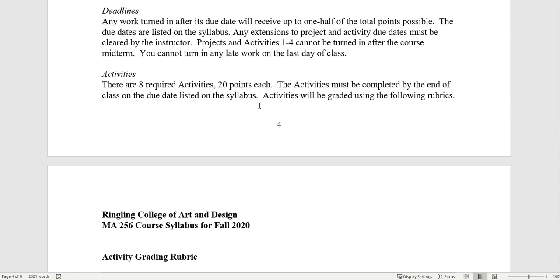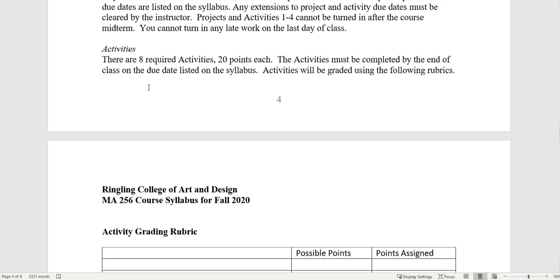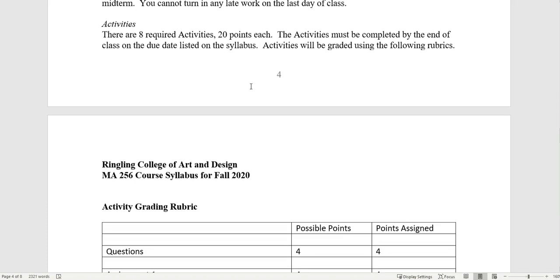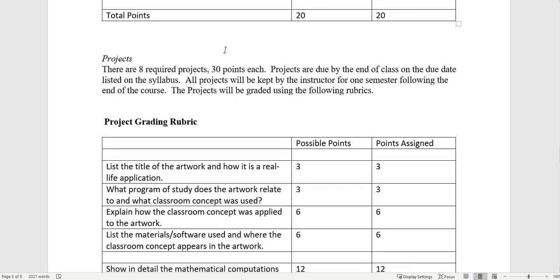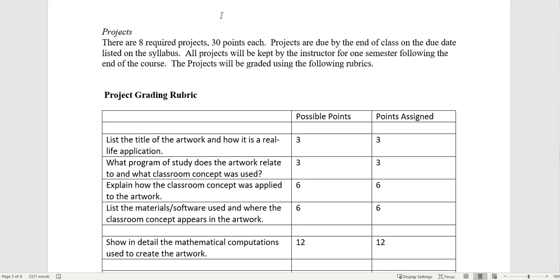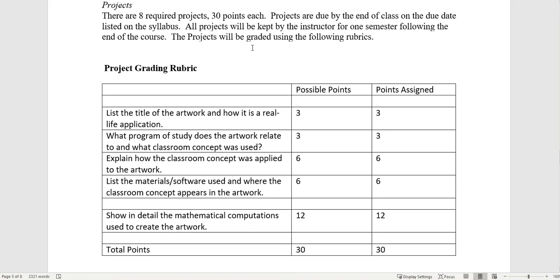So if you get behind and you're not turning things in, again, other than that, there's 8 activities, 20 points each. And I'll talk more specifically about those in a minute, but there's grading rubrics on those. And then 8 projects, 30 points each. So you see the projects are more points. So you've got to make sure you get those all in.